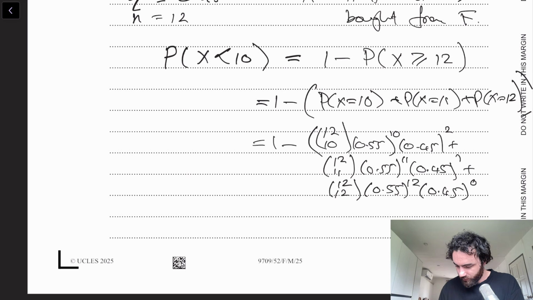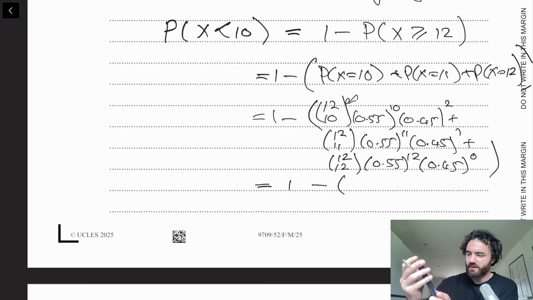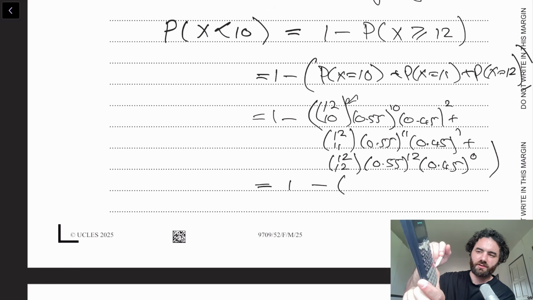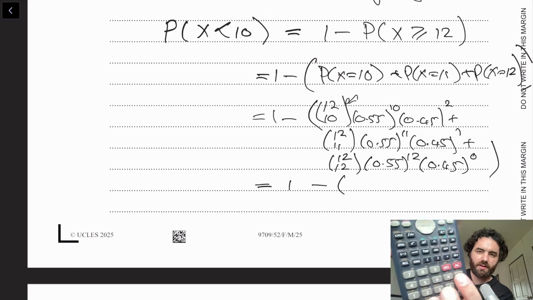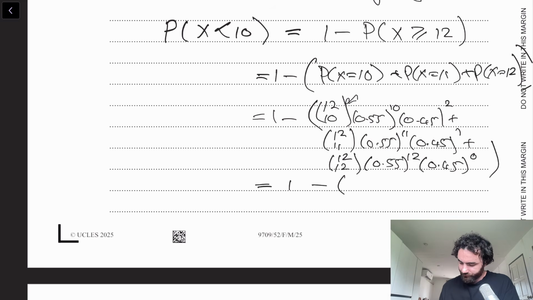It's 1. Okay, so this is going to be equal to 1 minus, what is this stuff? Well, to do this thing here, I don't know if you can see this, it's this combination function on your calculator.